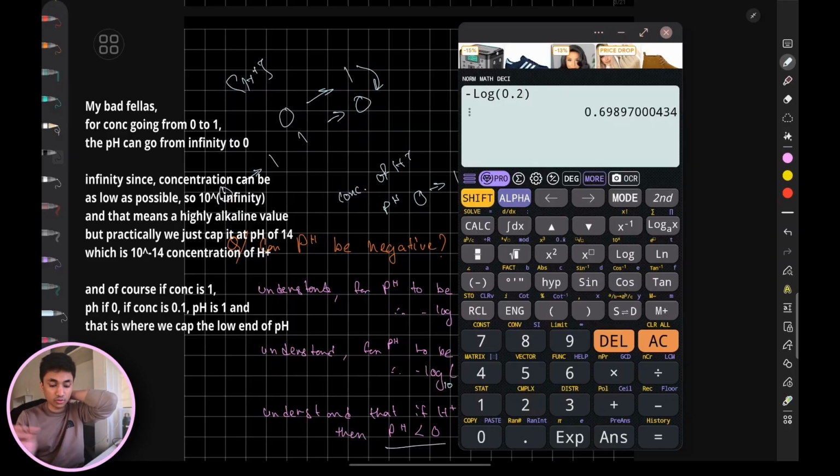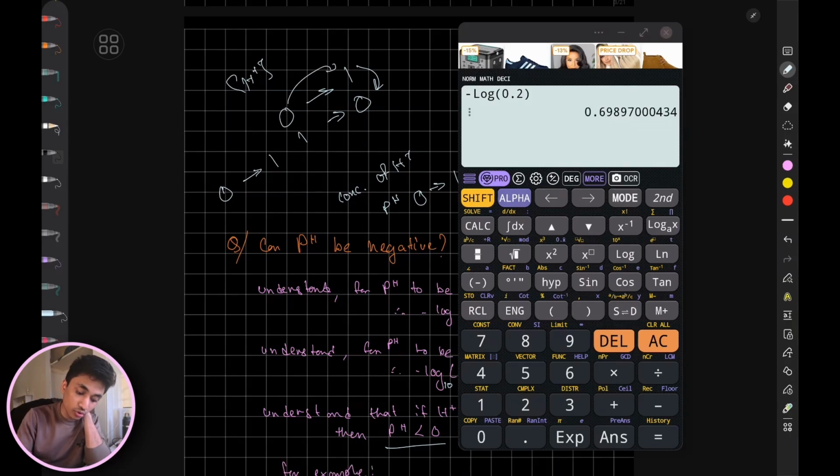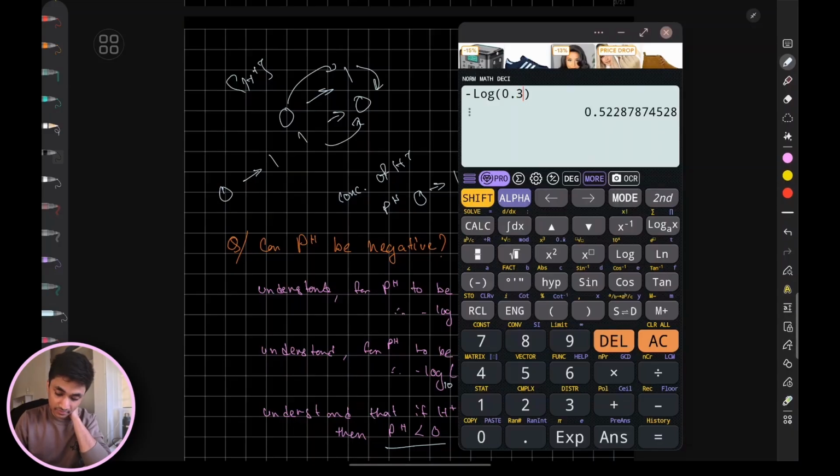As you go towards 1 in concentration, you're reaching a pH of 0. So 0.3 is less, 0.6 less, 0.7 less, 0.9 has reached almost 0, and 0.99999 is almost 0. So as your concentration of acid reaches 1 mole per dm cube, your pH is reaching 0.